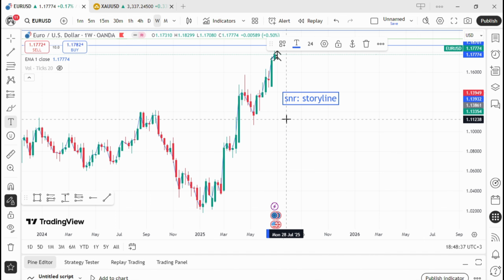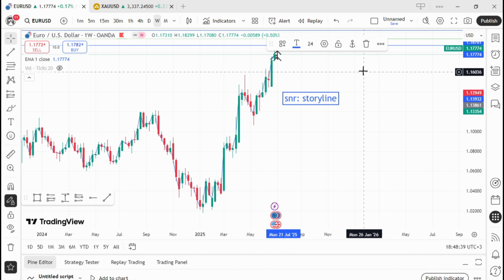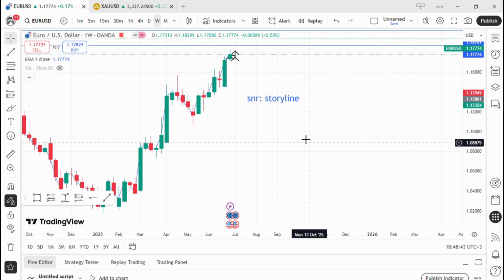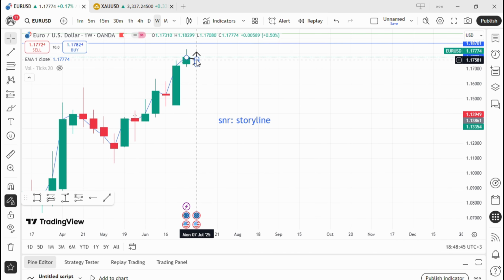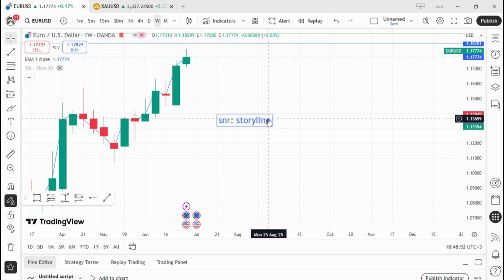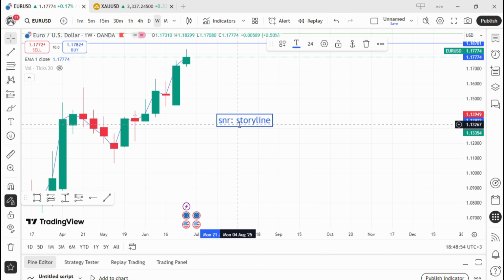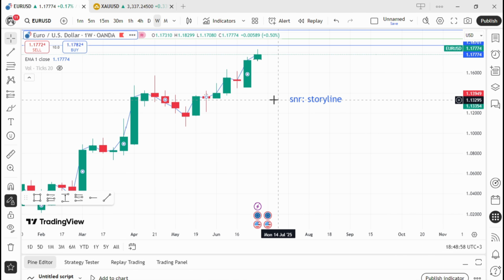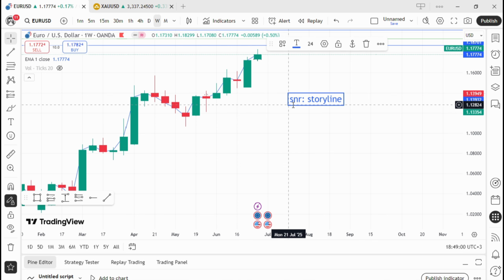So if you're familiar with this, we're going to be speaking the same language. But if you trade anything else, SMC, ICT, supply and demand, the other SNR, support and resistance, I'm sure this will also make sense to you.